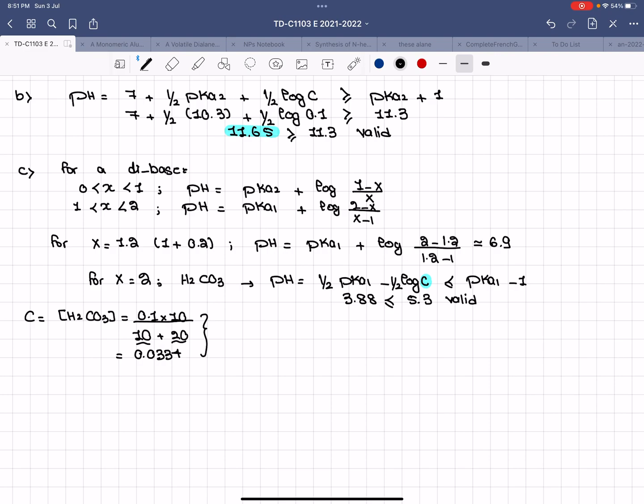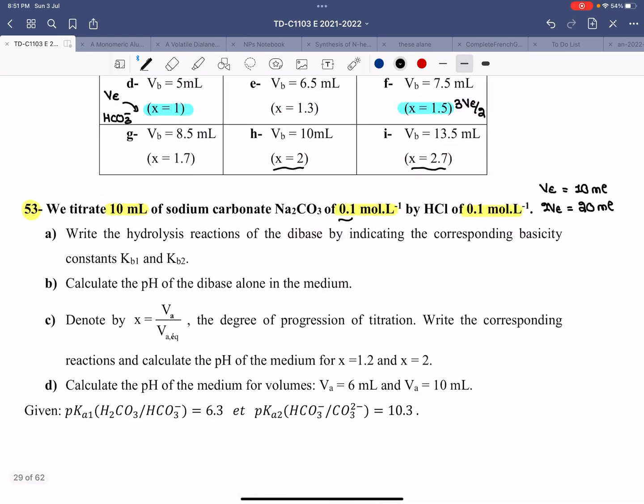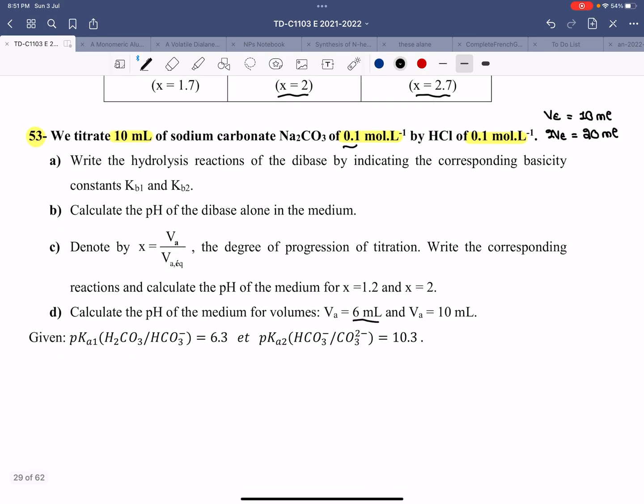And this is x equals 2. What do we have left? 6, 10. We can very simply find them in terms of x's. For VA equals 6, the x is equal to 6 divided by 10. Okay?